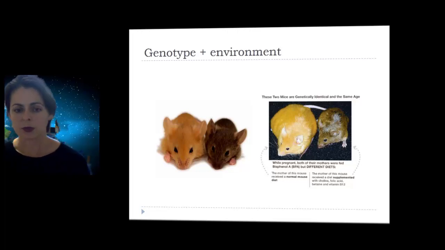In the same experiment with the other brown mouse, they also gave her the poison, the BPA, but they gave her a diet that was rich in methyl donors, so things like folic acid, betaine, vitamin B12 and choline, which are all rich in methyl groups. And this diet was sufficient to counteract the BPA that the mother was given. And so all her pups were brown, and they didn't have the agouti phenotype, they didn't have the stripping of the methyl groups.